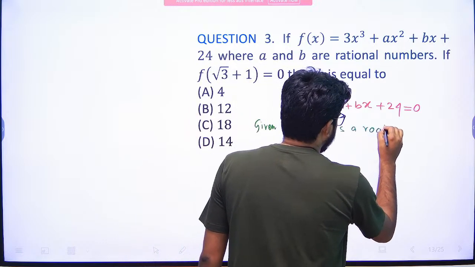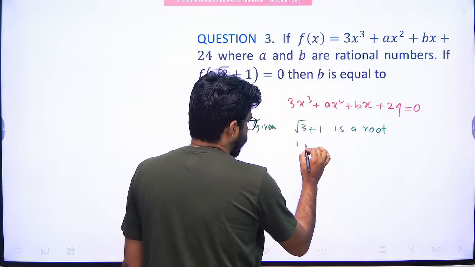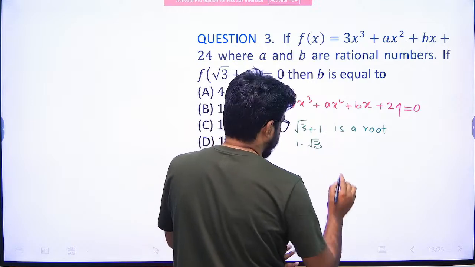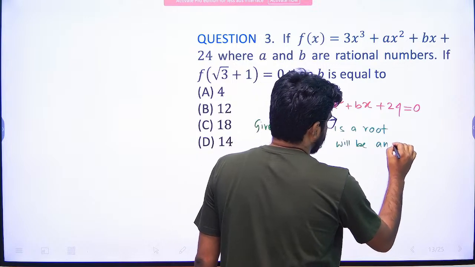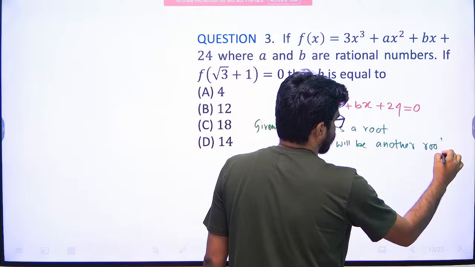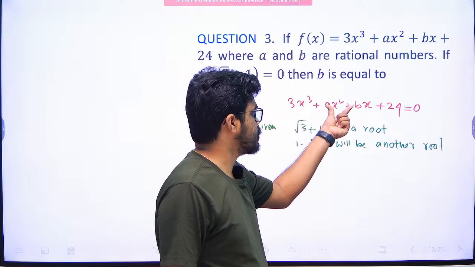So automatically 1 plus root 3 is a root, so automatically 1 minus root 3 will be another root. So it should be noted that the coefficients must be rational.